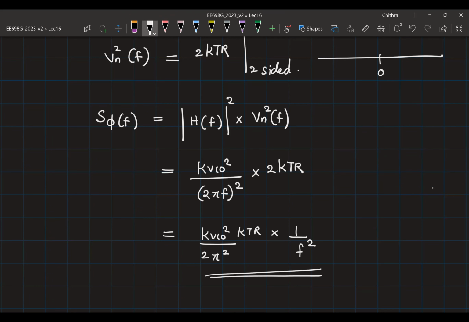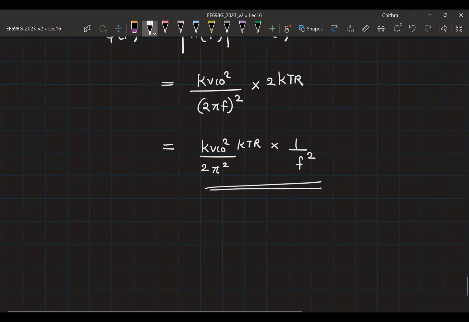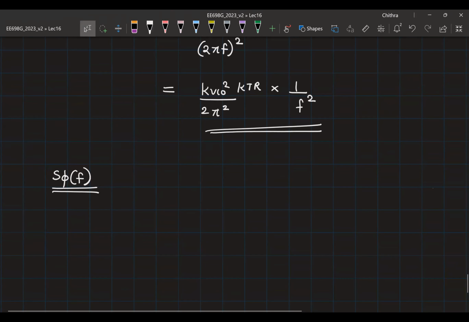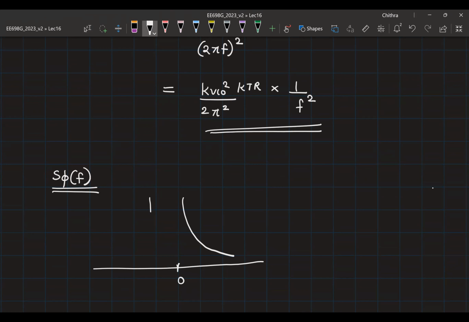This is okay. So how does S phi of f now look like? Around 0, I will have a 1 by f square spectrum, right? So that will now look like this. Is this okay? Right?